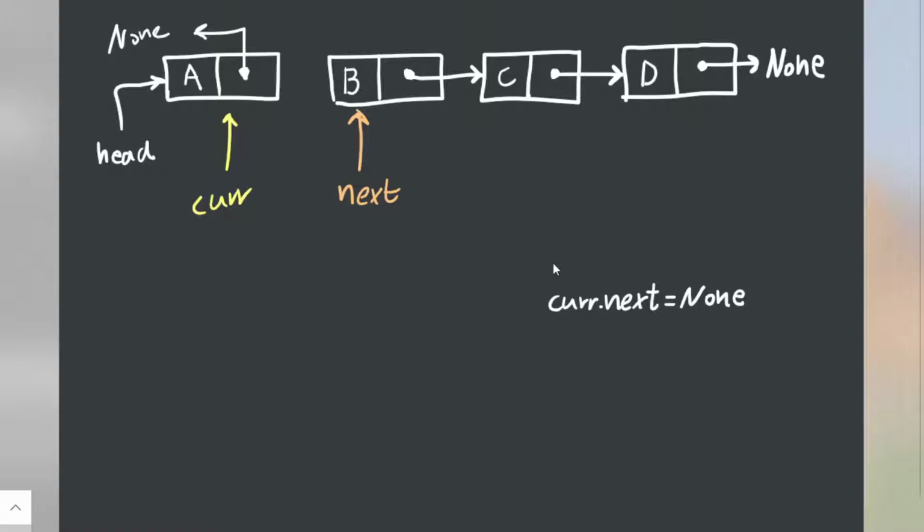Of course, we have to do this before we override it, because once we override it, it's too late. So this line has to go before our previous line. We can say next, our new variable, equals current.next. So we're simply taking a copy of this before we override it with None.